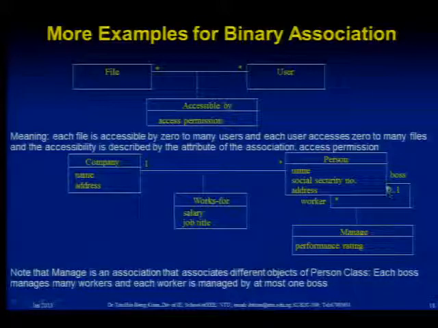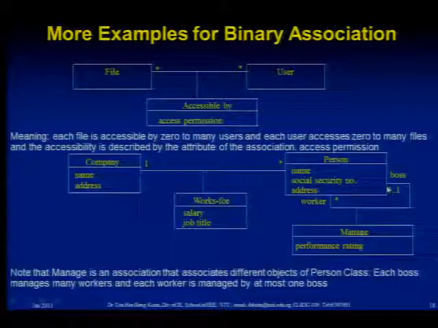If we want to interpret the multiplicity here, always refer to objects of the other class. It is binary, so we only have one other class. We refer to objects as instances of the other class. So that means each person works for 0 to 1 boss.